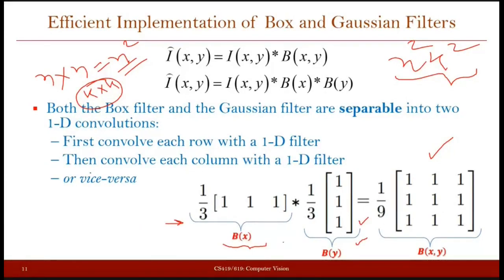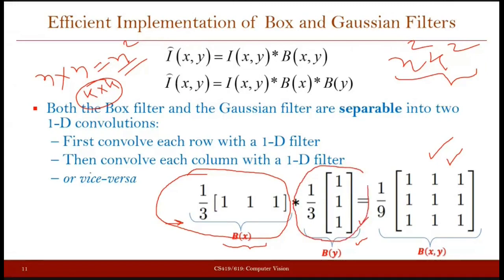So essentially this means that convolving your image by this filter is the same as convolving the image first by this filter, and then convolving whatever output you get by the other filter. Mathematically, let us say you are convolving the image I by filter B, and please remember this star operator is used for convolution.